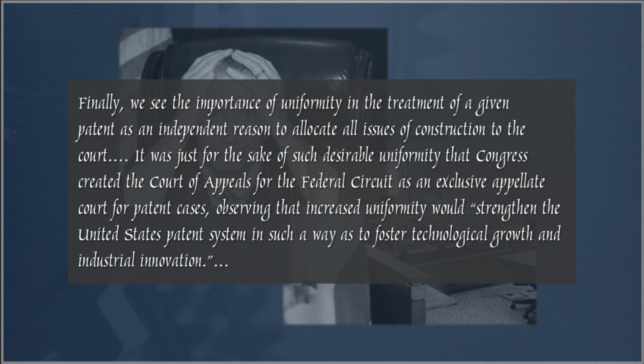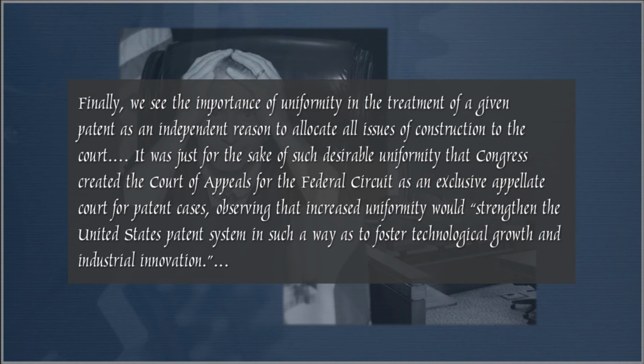And then this is an interesting point, and this, I think, becomes an important and perhaps the key point in favor of what the court does here, which is they say, finally, this is after describing why judges seem better than juries at doing this, finally, we see the importance of uniformity in the treatment of a given patent as an independent reason to allocate all issues of construction to the court.